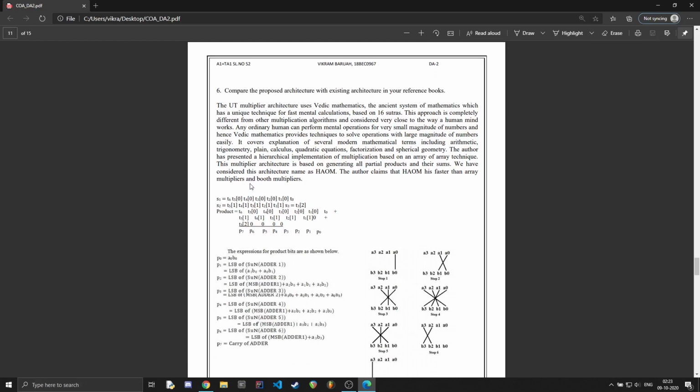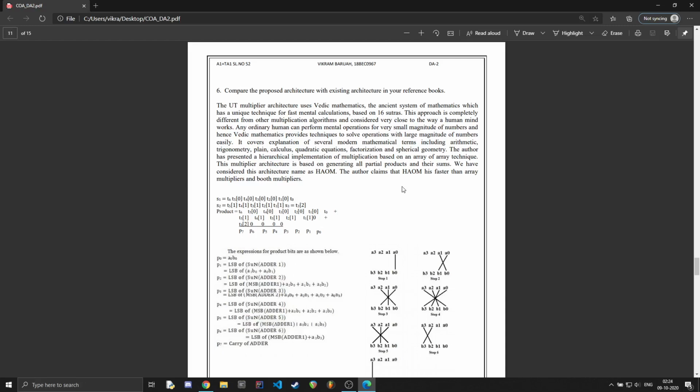Yeah, so the proposed architecture with the existing architectures which has been taught to us can be compared in a way that the UT multiplier architecture uses Vedic mathematics compared to the one that we've learned which uses the Booth's algorithm, and the ancient system of mathematics which has a unique technique for fast mental calculations based on 16 sutras.